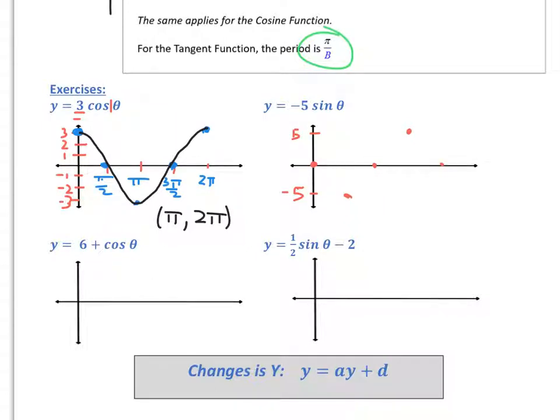Understand that this is pi over 2, pi, 3 pi over 2, and then 2 pi. So get in the habit of labeling both your x-axis and your y-axis. And then when you go to connect the dots, you've got your sine curve. Notice that it is upside down because of the negative.